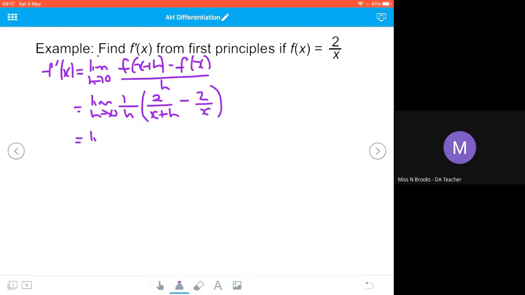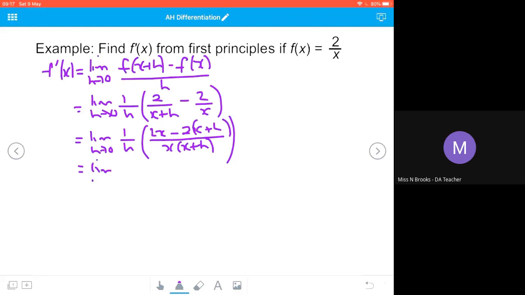So I've got my limit as h tends to 0 of 1 over h, and I'm going to smile by multiplying my denominators, and then I'm going to do 2x minus 2 times x plus h. So my limit as h tends to 0 of 1 over h, I need to expand my bracket, so I've got 2x minus 2x minus 2h all over x squared plus hx.